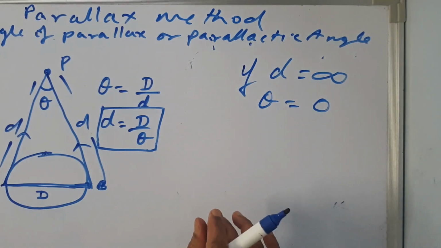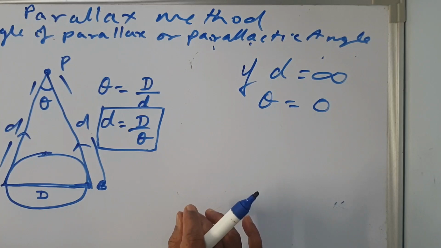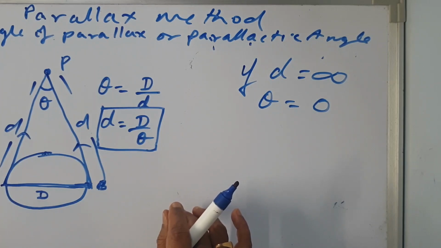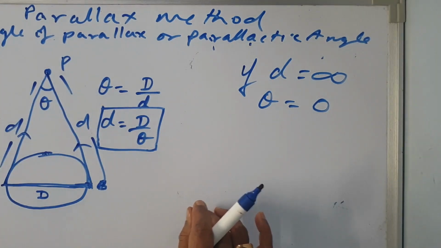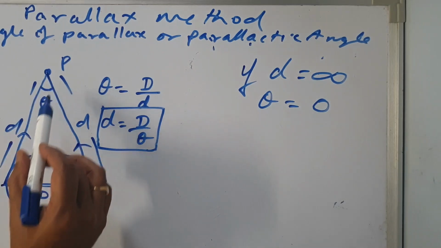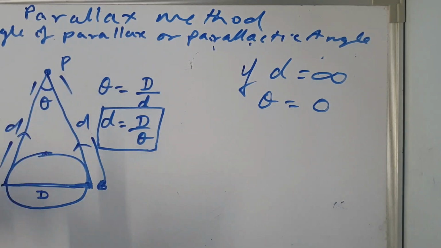That means if I look at a very distant object with my right eye, I have to look in the straight direction. Closing the right eye and opening the left eye, I have to look in the same direction if the object is at infinite distance. Is that clear? Now I am explaining how to measure this angle of parallax of this planet from the Earth.